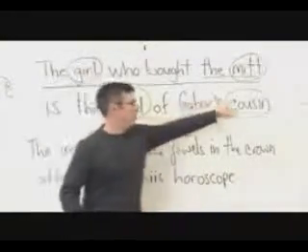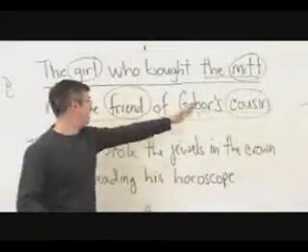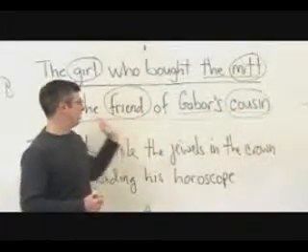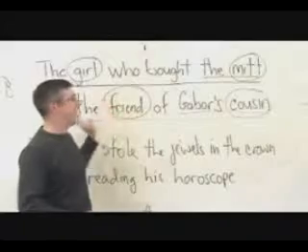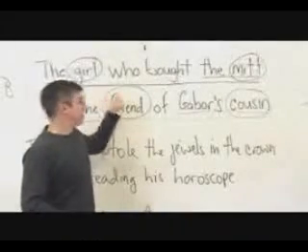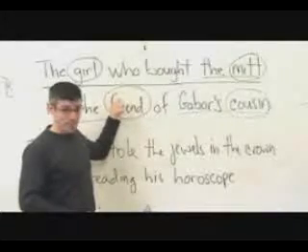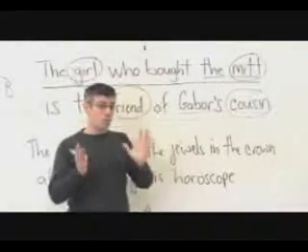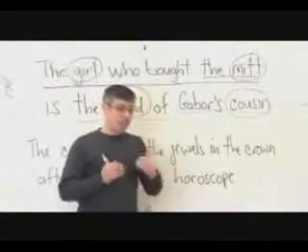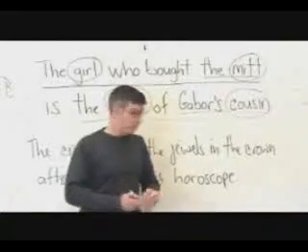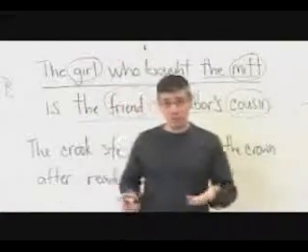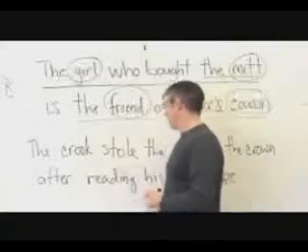Even though cousin is inside this longer nominal phrase, the friend of Gabor's cousin, the head of that longer phrase is this and nothing but this. It's just friend. So one phrase, one head. But phrases can be within phrases. Let's do one more to cement this.